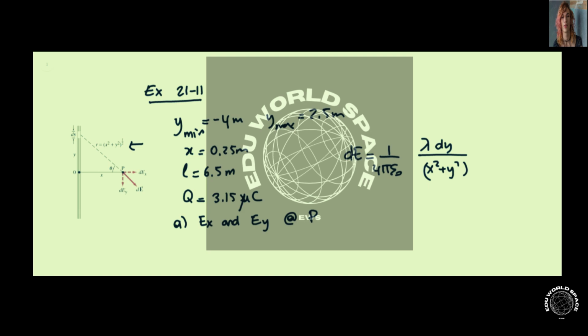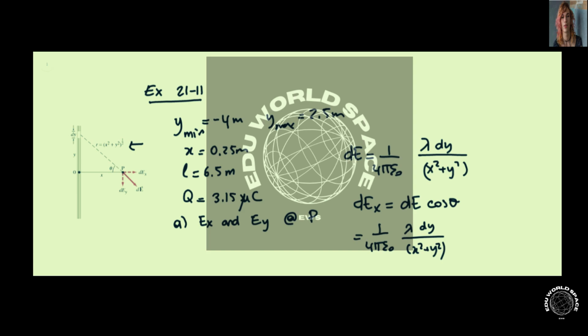What we need to do is calculate dEx as dE times cosine of this angle here. That's going to give us dEx. Then we can substitute for dE 1/4 pi epsilon naught lambda dy over x squared plus y squared.